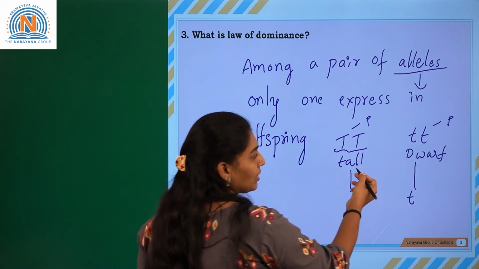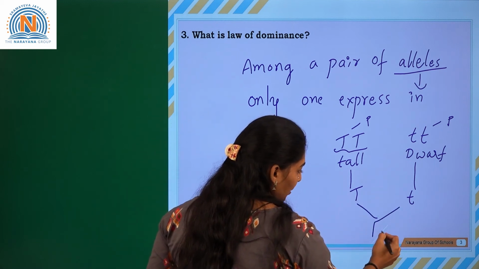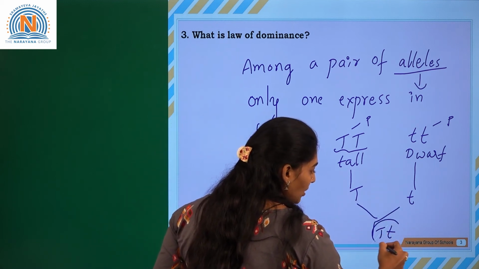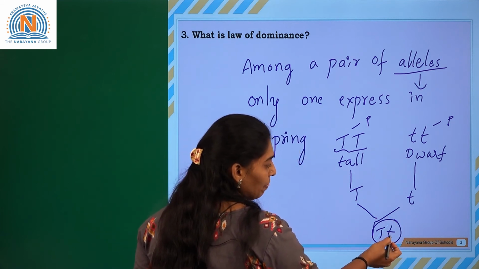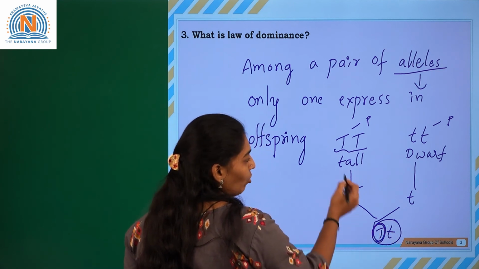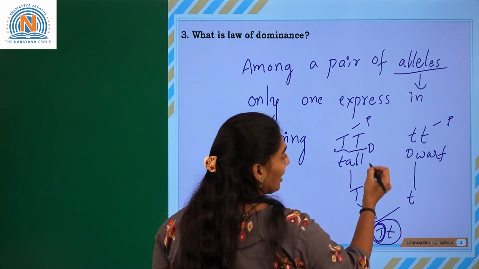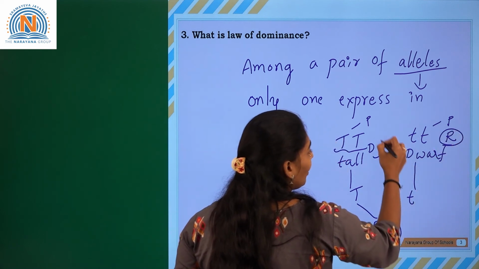When these two plants are cross-pollinating, only one expresses itself in the offspring. The offspring expresses capital T and small t, and the gene which is dominating is the dominant character. This is the recessive character, dominant and recessive.